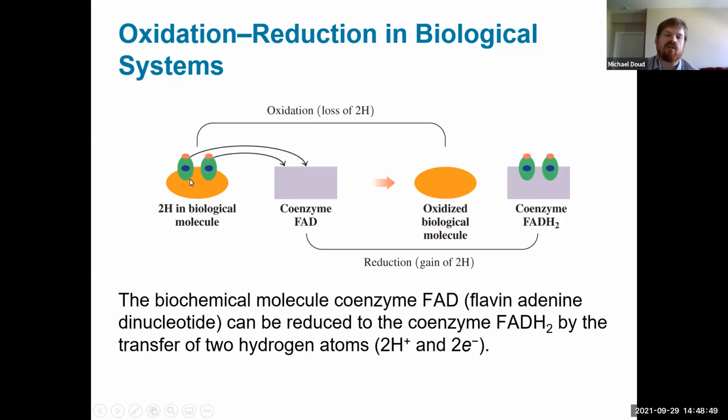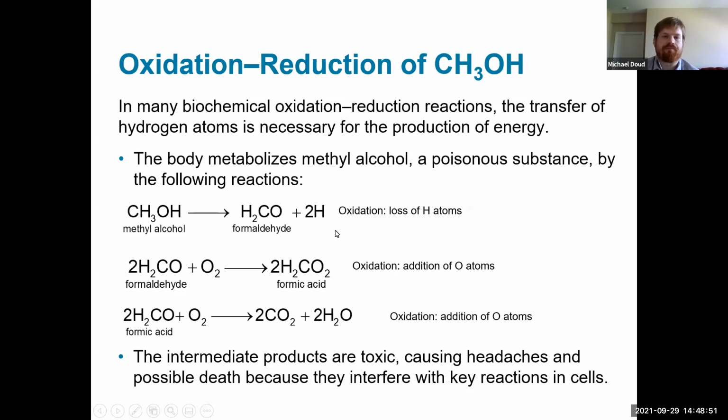And these 2 hydrogens can come from a variety of sources. As an example, we're going to start with talking about oxidation reduction of methanol. This is actually pretty poisonous, so it's not the main thing that your body does, but it is a useful, simple molecule for us to be able to understand.